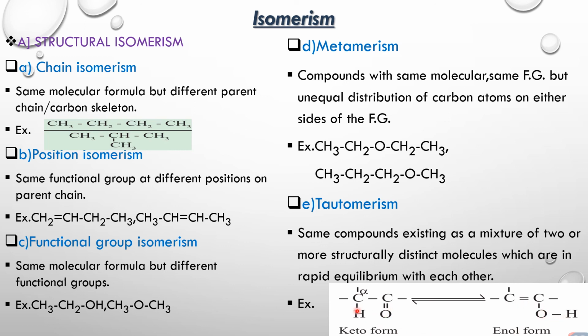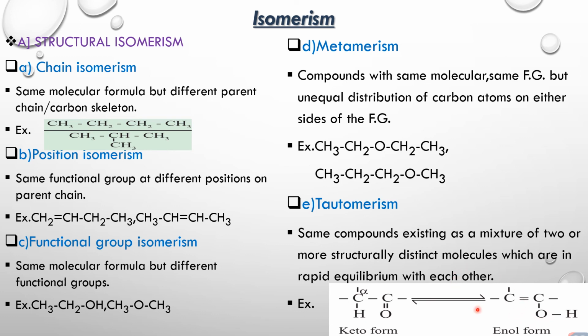Now what happens in this case? This alpha hydrogen atom, which is present on the alpha carbon atom, is shifted onto the oxygen atom in the carbonyl group, and therefore this CH bond is shifted in between carbon and carbon, and therefore it forms a double bond. So a carbon carbon double bond forms, and the proton H plus is shifted onto the oxygen atom, so an OH bond is formed.